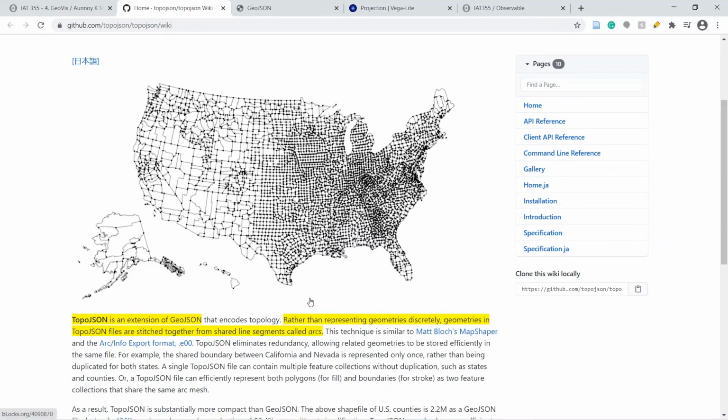This means that the data points are no longer stored as individual latitude and longitude. Instead, they are converted into arcs. In this way, data is stored more efficiently in the sense that the data size is much smaller. However, it takes more processing power when you're loading this dataset into your notebook.